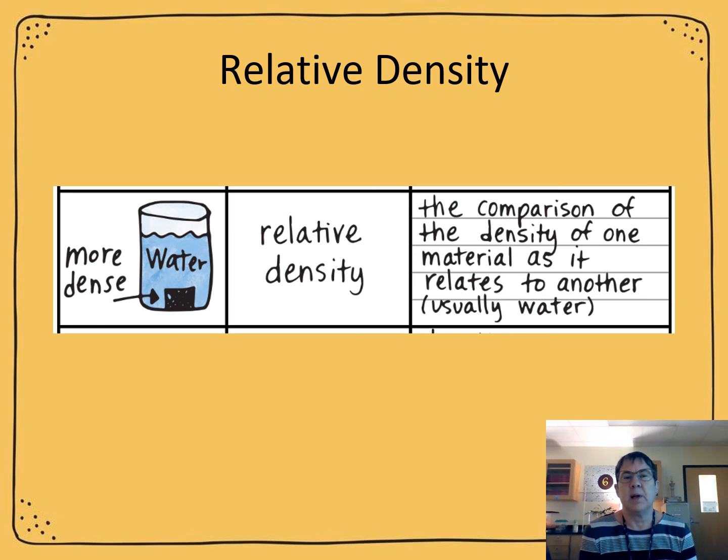If it floats, it has a density less than 1. Relative density, again, is how it compares or relates to water. Take a moment to record relative density and the definition. You can also record the density of water as being 1.0.